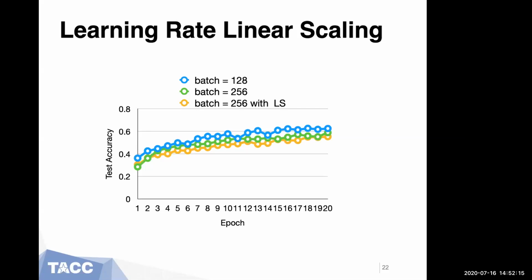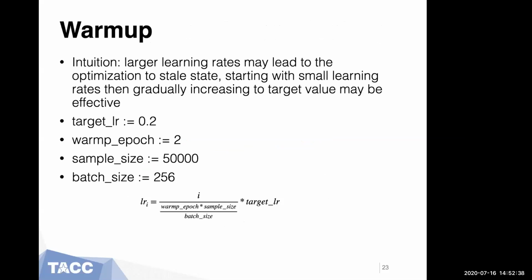Learning rate, batch size, yeah. So this is what we see with the learning rate linear scaling. Again, this blue line is batch size 128, the green curve is batch size 256, and this yellow case is with linear scaling, but we see it's not that good, okay? It's not that good.